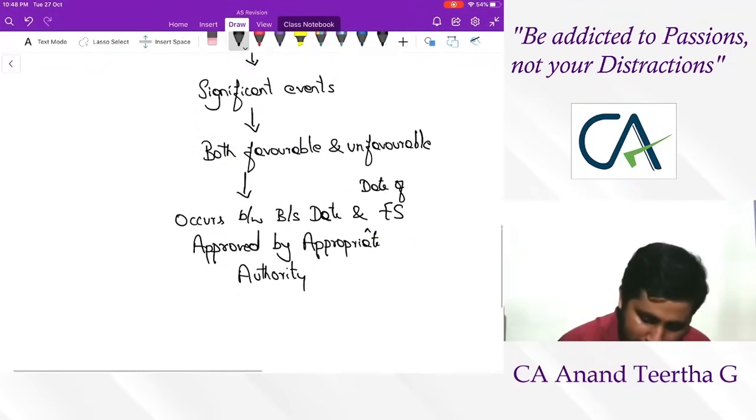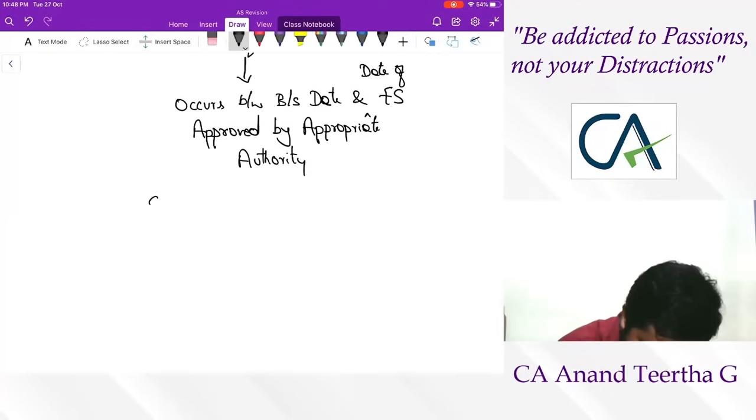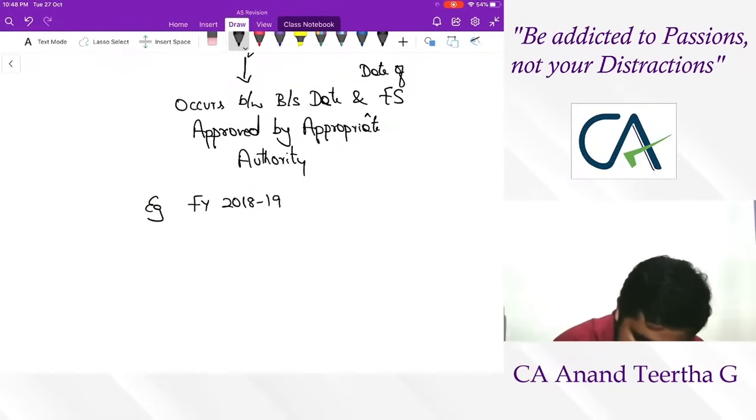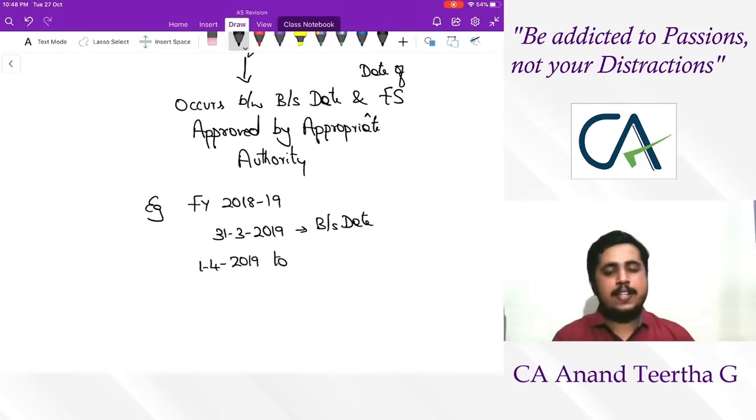If I have to take up an example now, if the financial year is 2018-19, then the balance sheet date is 31/3/2019. So anything after the balance sheet date, which is 1st April 2019 to, let's assume that this is a company, the date of financial statements approved by the appropriate authority. Who are the appropriate authority for the company? Directors.